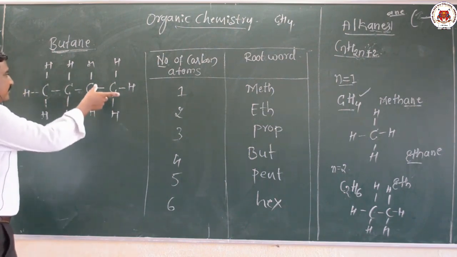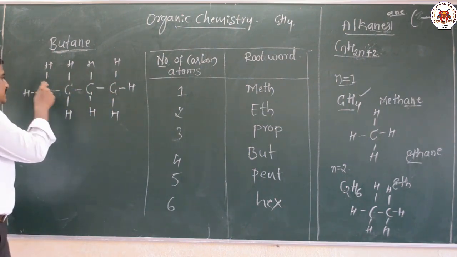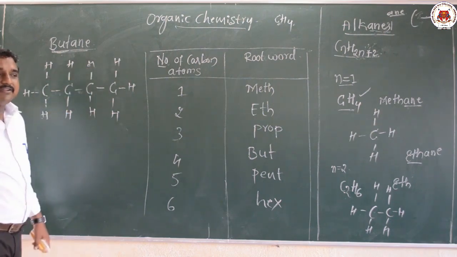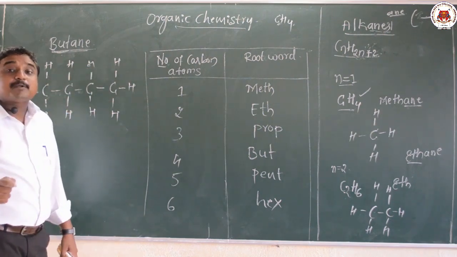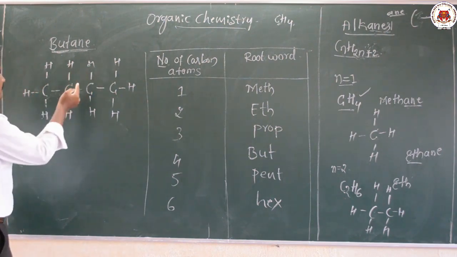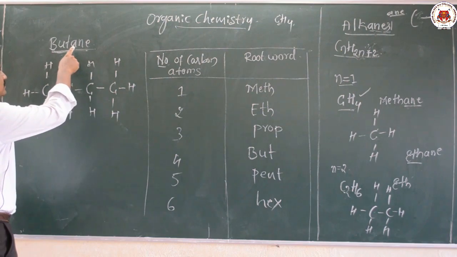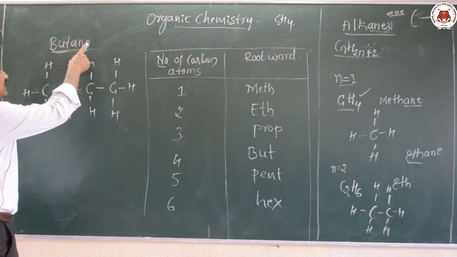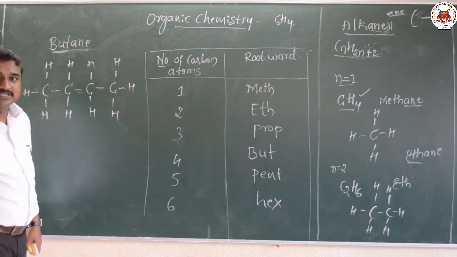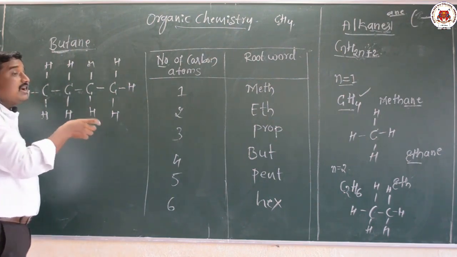Now by observing this compound, each and every carbon atom present in this compound satisfied its tetravalency by writing the appropriate number of hydrogen atoms. So hence the name of the compound is what here? Butane, because as I told, ANE means the compound containing only single bonds, and this is an example for alkane.